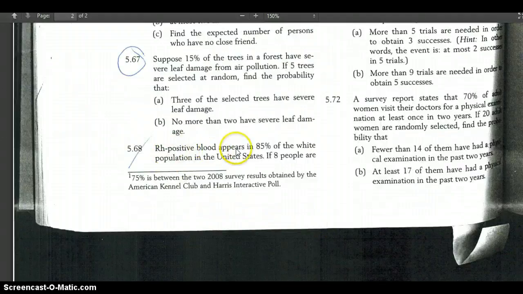Rh positive blood appears in 85% of the white population. So that means if you pick someone randomly from the street, and you ask if he's Rh positive, the probability is 85%, or you can say 0.85. That means Rh negative is 0.15.